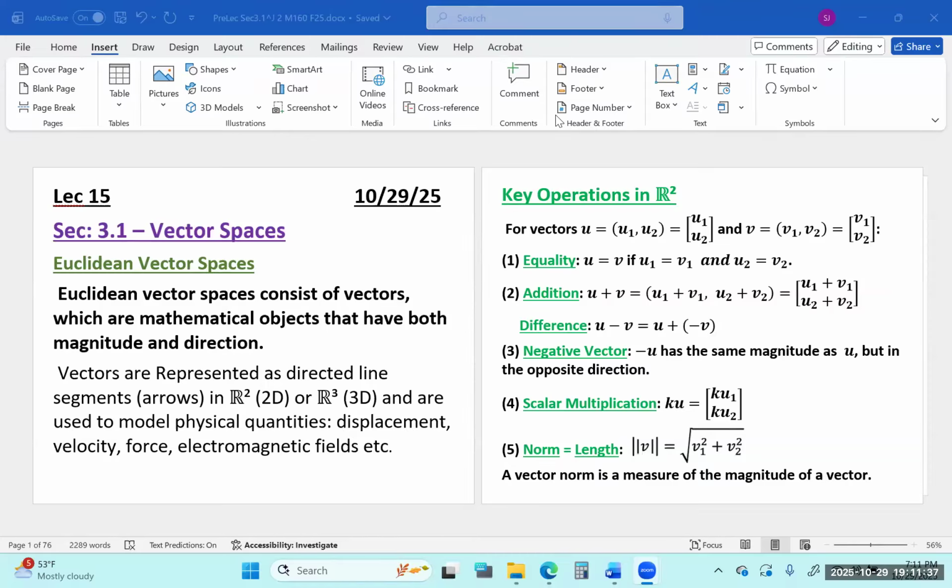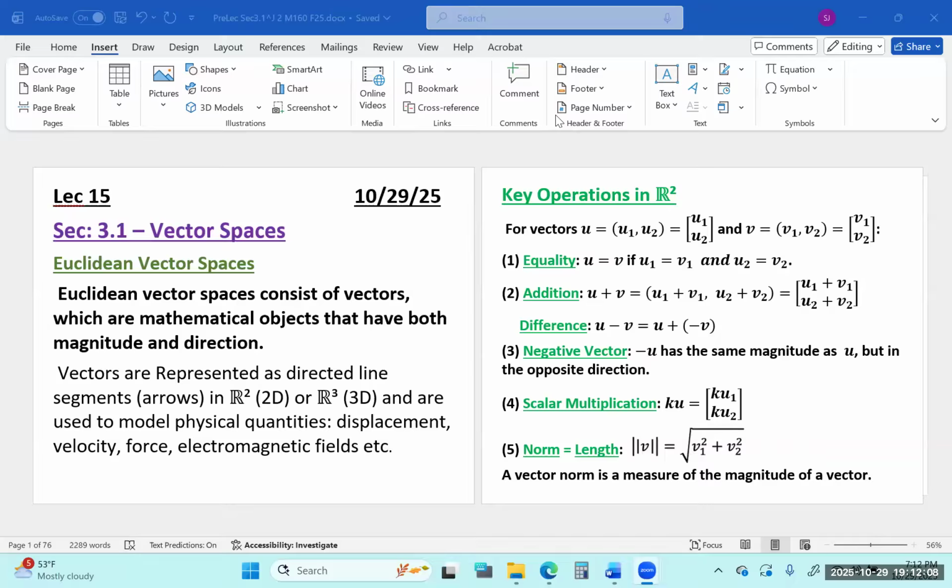Then we say U and V vectors are equal if U1 equals V1 and U2 equals V2. So basically, you take two vectors X and Y, with components X1, X2 and Y1, Y2. Sorry, my bad.